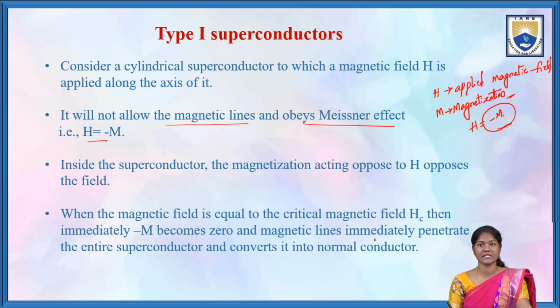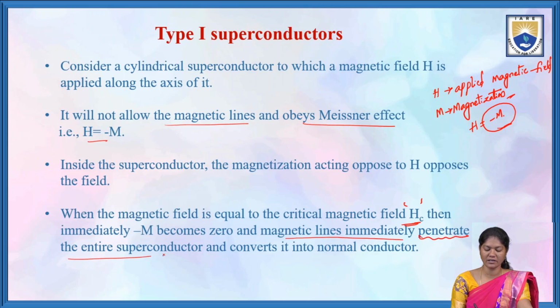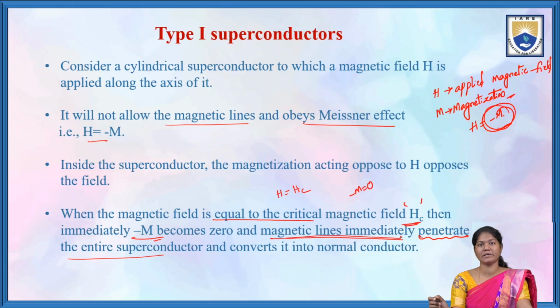When the magnetic field is equal to the critical magnetic field Hc, then immediately minus M, the magnetization, becomes 0, and the magnetic lines immediately penetrate the entire superconductor and convert it into a normal conductor.